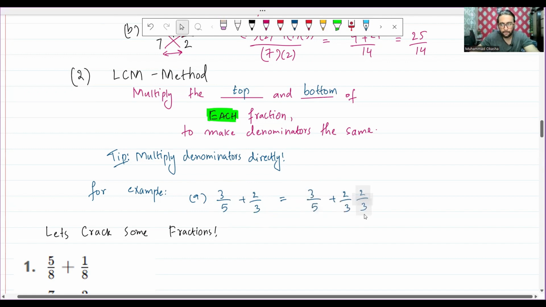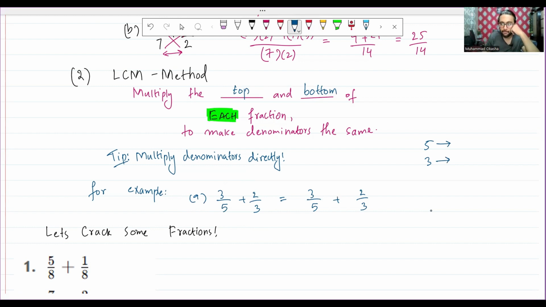Think about this for a while. That I can easily achieve out of 5 and 3 as well. So what I'm actually trying to look for is, what is the smallest number that 3 and 5 can give me together? I think what I'm looking for is actually an LCM indirectly.